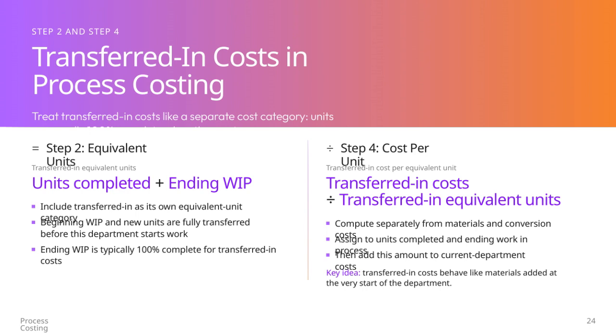We then add this amount to the current department's costs. The key idea here is to think of transferred-in costs as if they were materials added right at the start of the department's process. This approach makes it easier to track and allocate costs accurately. Overall, treating transferred-in costs as a separate cost category ensures clarity and precision in our process costing system.